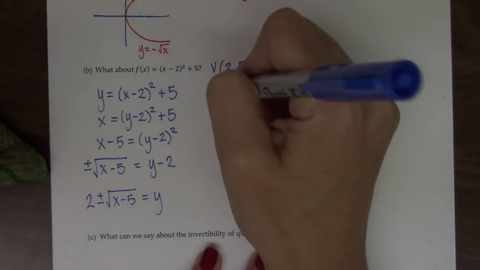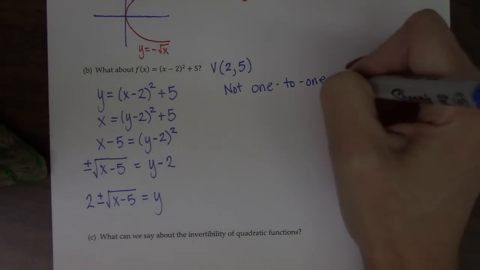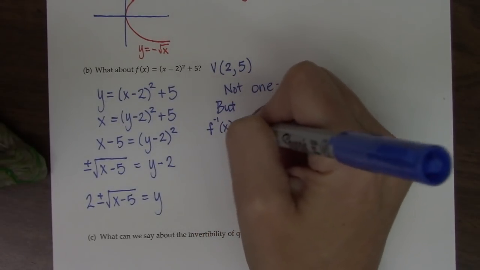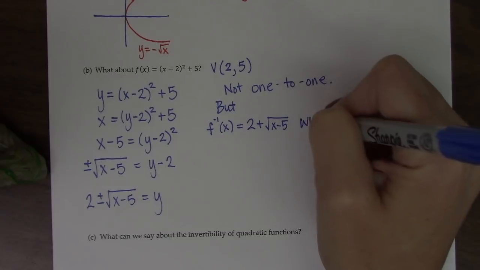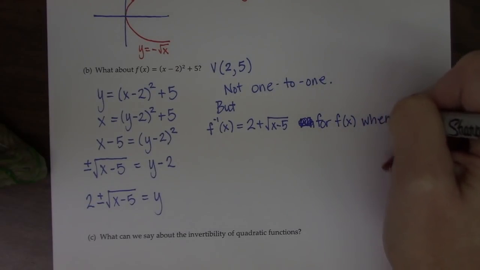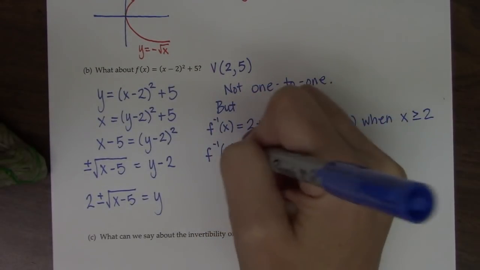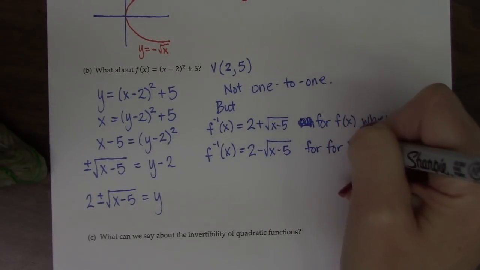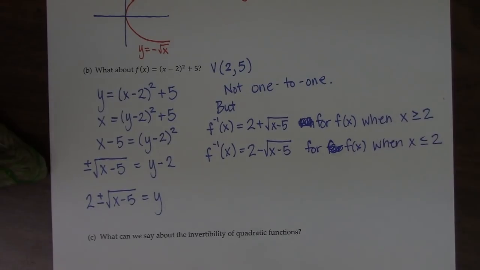So the function is not 1-to-1, but f inverse of x is 2 plus the square root of x minus 5 for f of x when x is greater than or equal to 2, and f inverse of x is 2 minus the square root of x minus 5 for f of x when x is less than or equal to 2.